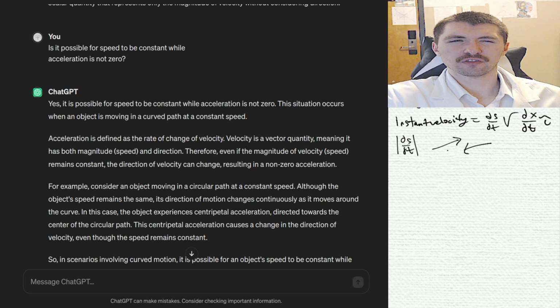I wish they would say velocity here instead of speed. That's why I'm being kind of careful.